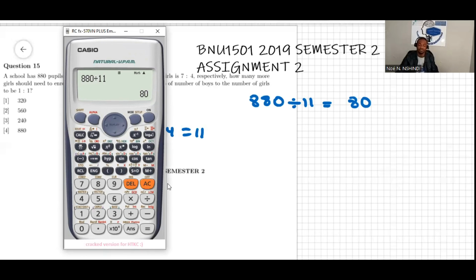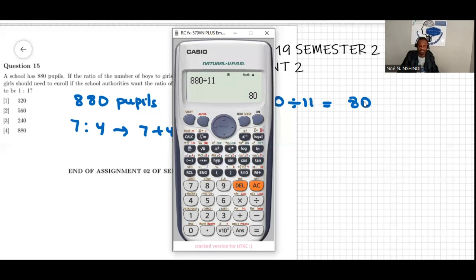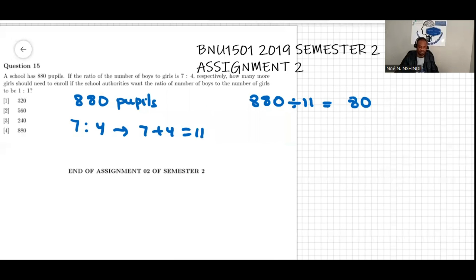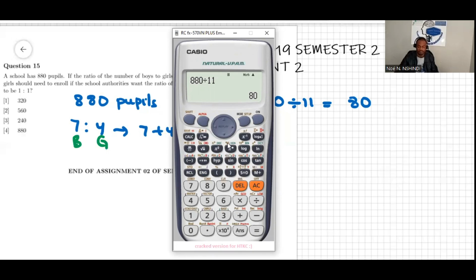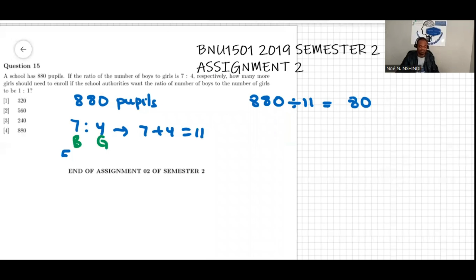Now, to find the number of boys in the school, we take this 80 times 7, because the ratio is 7:4. 7 for boys and 4 for girls. So 80 times 7 tells us there are 560 boys in the school.